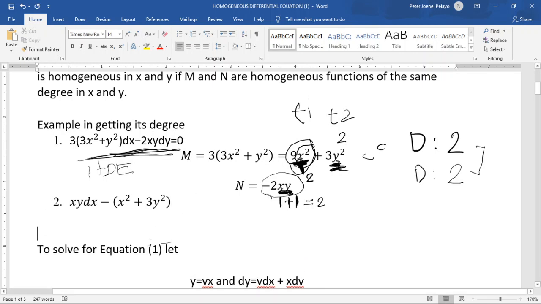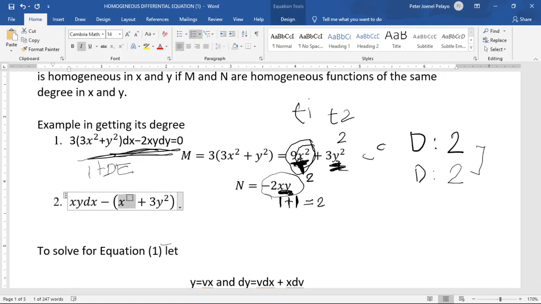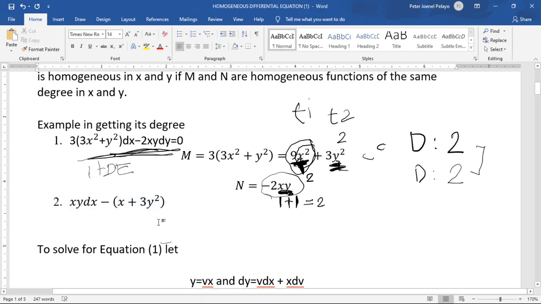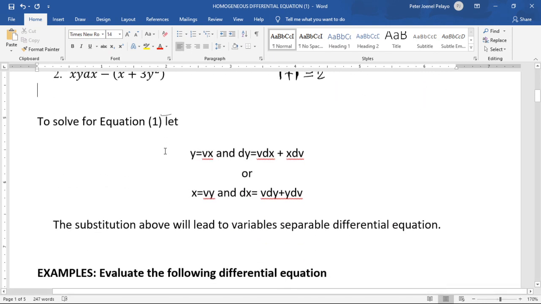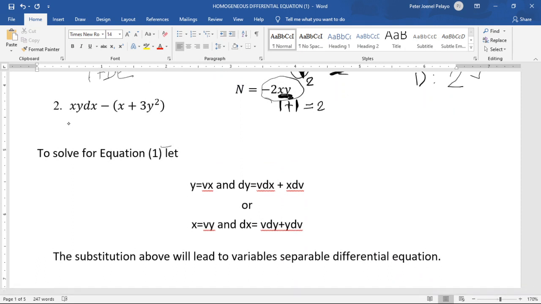Now, sample naman. So, gawin na lang natin ganyan. Example number 2: ang M natin is equal to xy, kasi ang partner niya is dx.